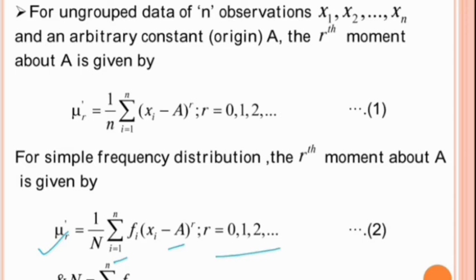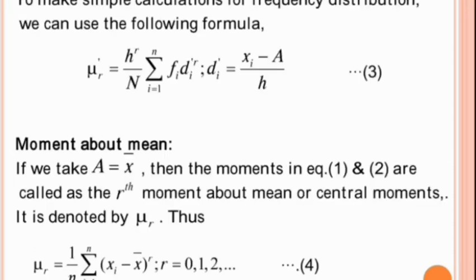And we know that capital N is summation of fi's. Now see, the moments mu r dash are also known as raw moments.